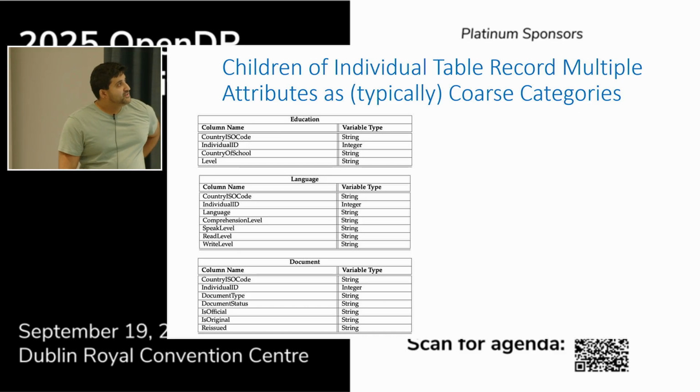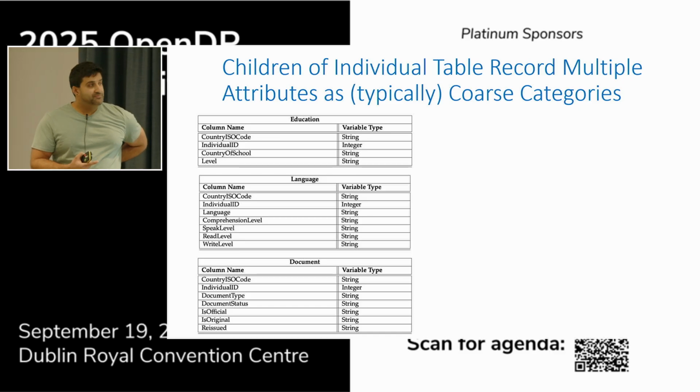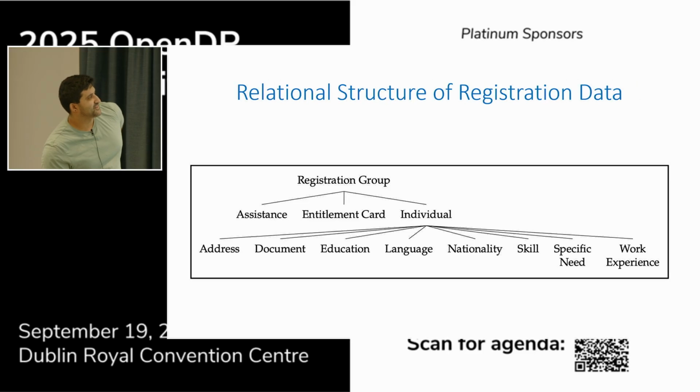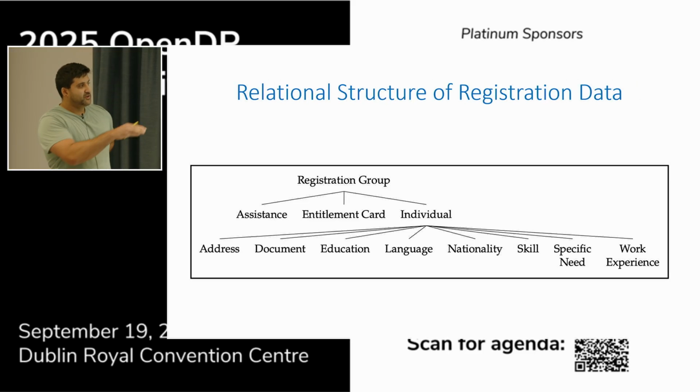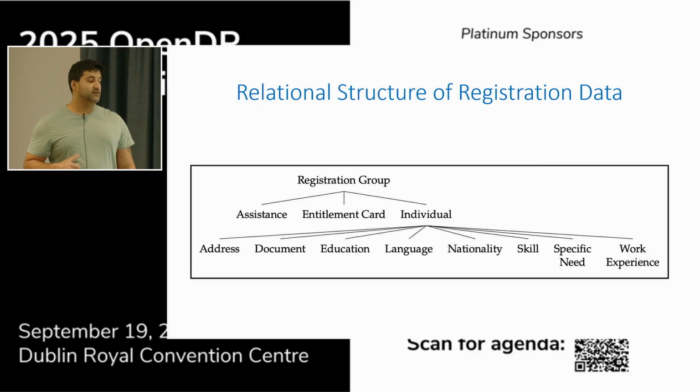The children of the individual table typically contain multiple attributes for every individual, and the categories they contain are typically coarse. If I go back for a second, education, for example: we know these will typically be just like 0 for no formal education, then 1, 2, 3, all the way up to 18 plus.